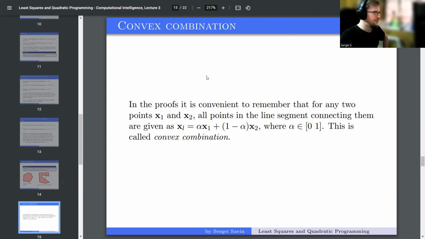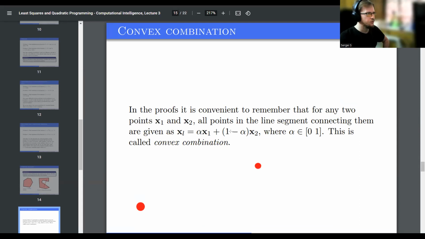I apologize for the noise. This will be better. So it is convenient to remember that for any 2 points, x1 and x2, all points in the line segment connecting them. So let me actually start drawing so you can see what we are talking about. So x1, x2, right?